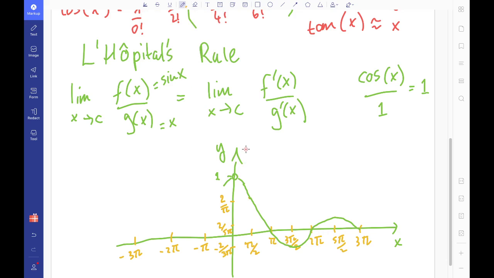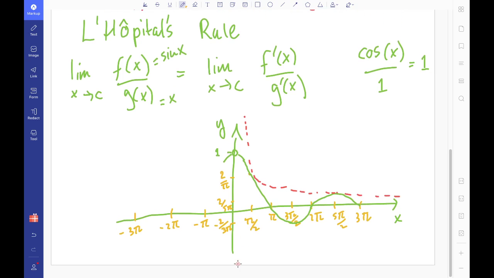So 1 over x has to come down here. It would pass through this point here, and this point here would also be on 1 over x, and so would the next one, and the next one. The same goes for -1 over x. It would pass down here, and that point would be on the -1 over x curve, and so would the next trough down here.